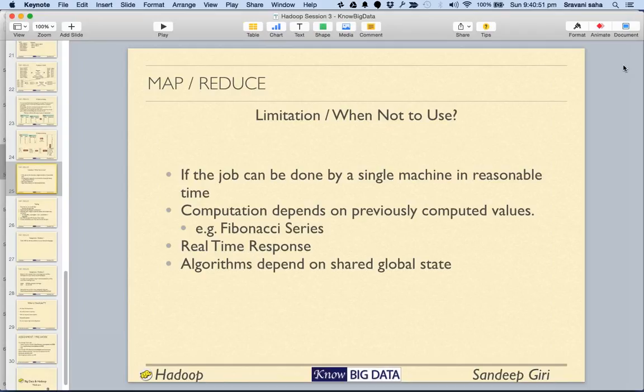Second, when the computation depends on previously computed steps. If you remember, one map gets one line. One map does not know about another line being processed by another map function, because all of them are happening in parallel. The only way they can communicate is if we launch a central service and all map functions talk to that central service.